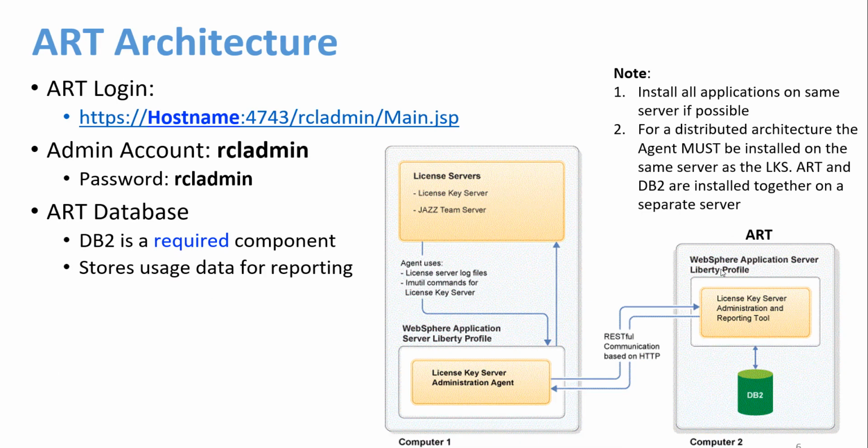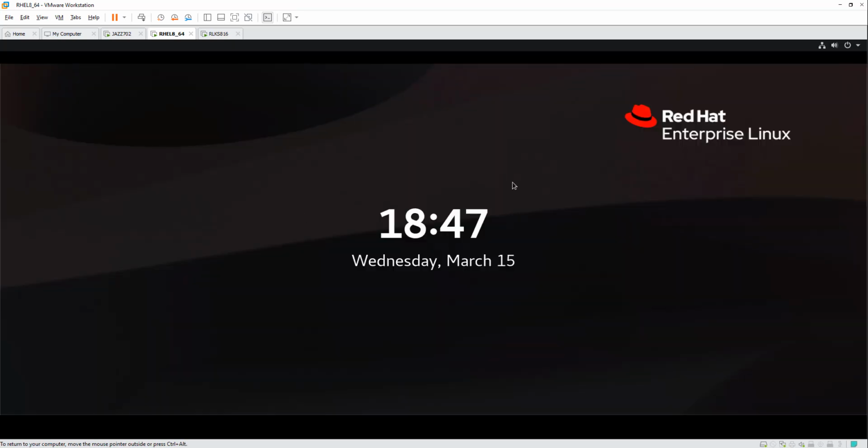Similarly, with the reporting tool, it's the host name or the fully qualified domain name, port 4743 in rcladmin, and the username and password for that is rcladmin. This is just a general layout of how the licensing tool and reporting tool works. So let's go ahead and get into our demonstration now of how to configure the tool.